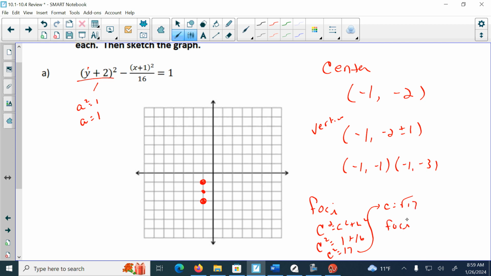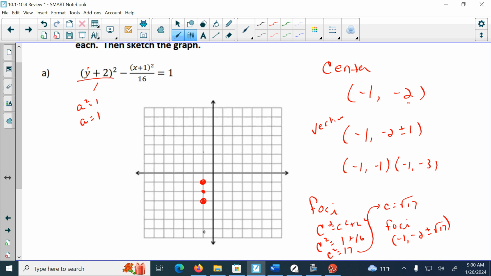So my foci is going to be, and I'm going to add that to the y because that's where my major axis is, my only axis, -1 and then -2 plus or minus the square root of 17. And that ends up being like 4 or something. So 1, 2, 3, 4-ish.